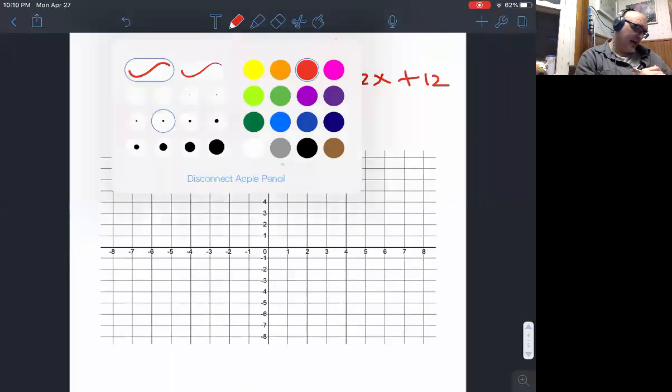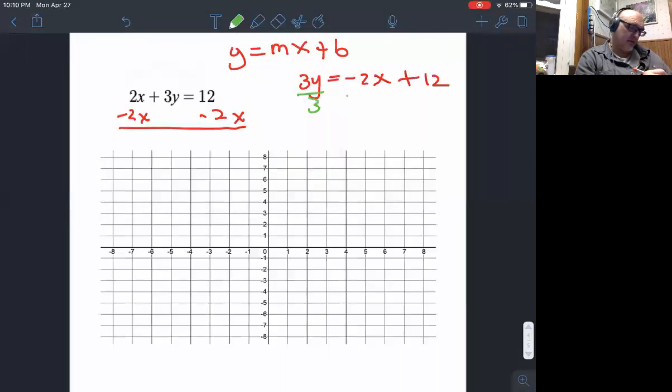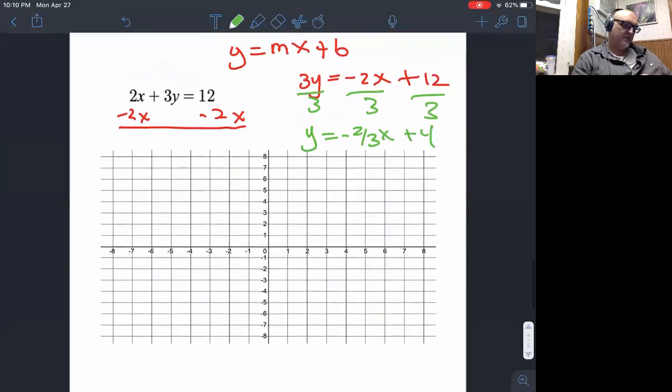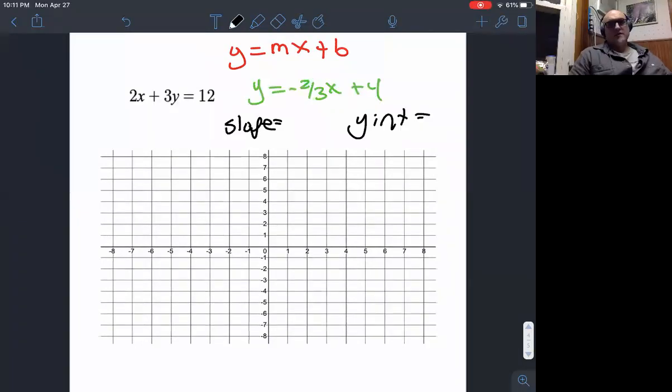So I'm going to divide everything by 3, leaving me with y equals negative 2/3 x, because 2 over 3 is 2/3, and 12 divided by 3 is 4. So now that I have it in the right form, it should be easy to find the slope and y-intercept.